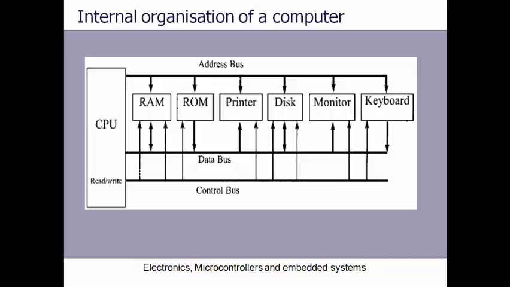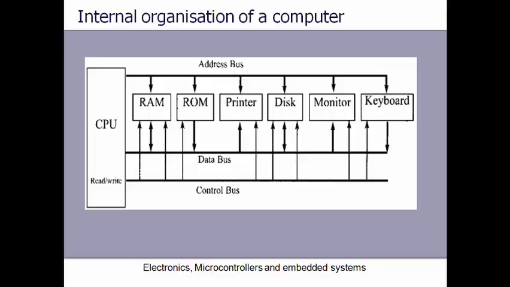So the first one is to specify where the information will go in that peripheral. The second one is the control bus.